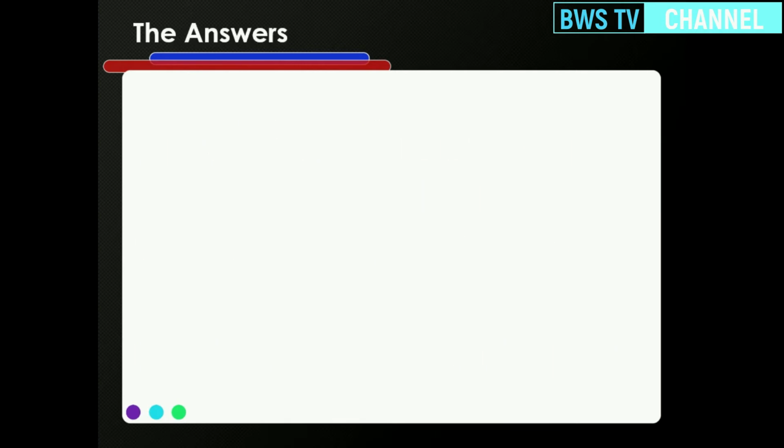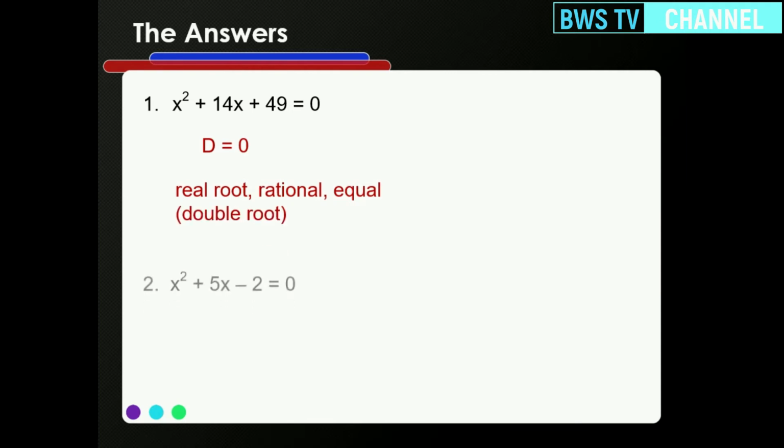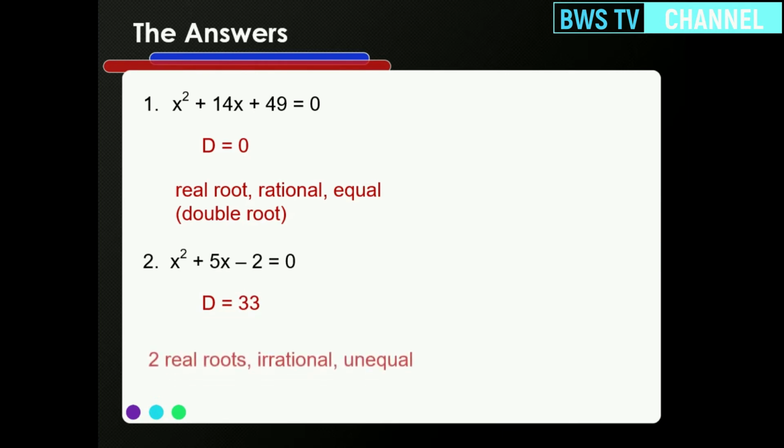So now, are you done solving? This is the answer for number 1. Your D is equal to 0. So the description is real, root, rational, equal. For number 2, your D is 33. And the description is two real roots, irrational, unequal, because your D is not a perfect square.